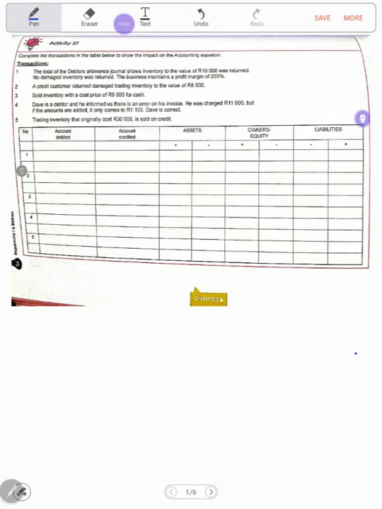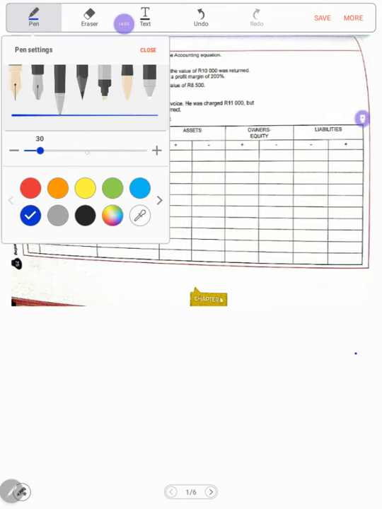Okay, so remember, ladies and gentlemen, selling price and cost of sales is totally different figures. So the first transaction that we're jotting down is the sale transaction. So what is happening when a debtor returns goods? It's debtors allowances. That's our expense. So I'm writing here debtors allowances. Let me just decrease my pen size.